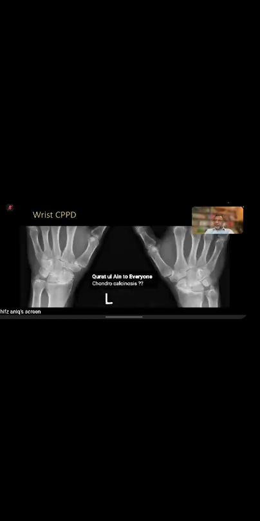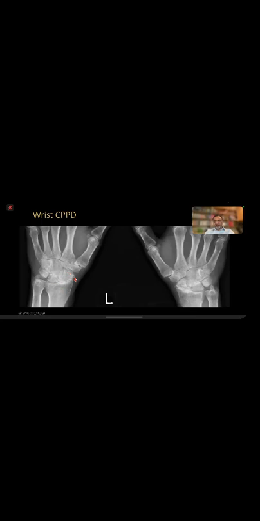Now, starting with the wrist joint, remember this appearance. Isolated radiocarpal joint involvement is very typical of CPPD. As I mentioned, in osteoarthritis, STT and first CMC are involved, but radiocarpal is generally spared. That's what we mentioned, that it's a negative.